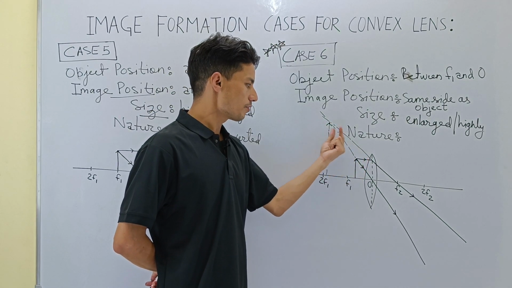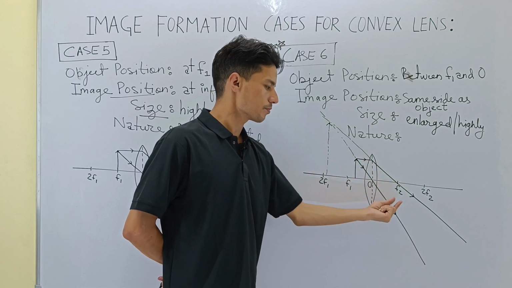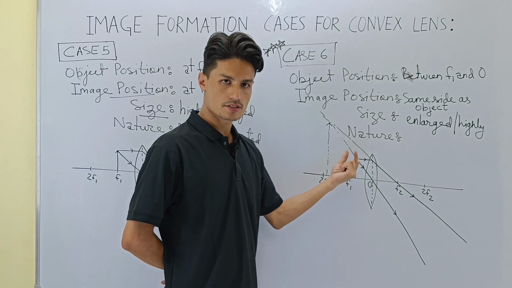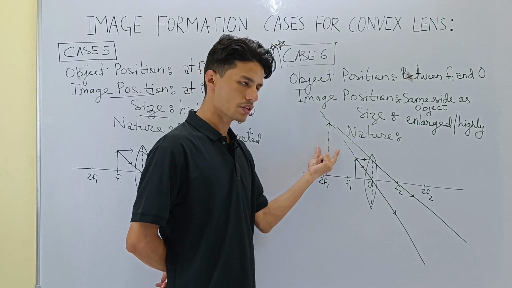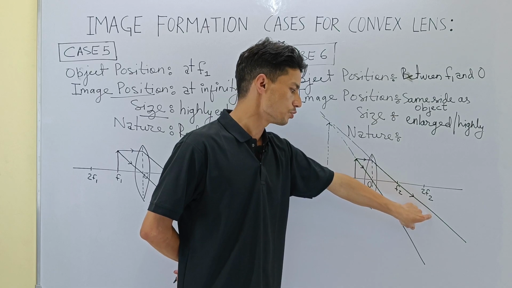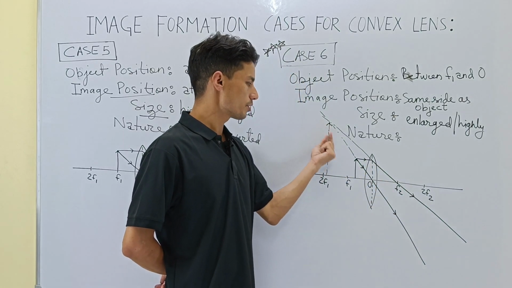Whenever images are formed by refracted rays which appear to meet, we get virtual images. That's why this is a virtual image.